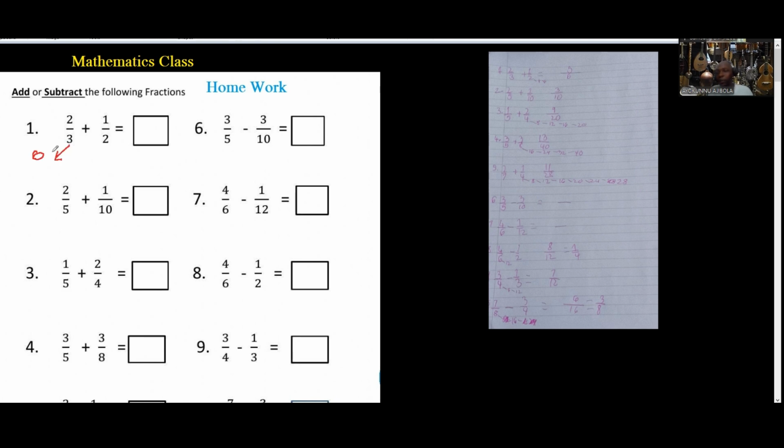The next multiple is 6. And this 6 is also a multiple of the smaller one, right? Yeah. So you are right by picking 6, because I can see you already picked 6 as the common denominator. Now, how many 3s are in 6?